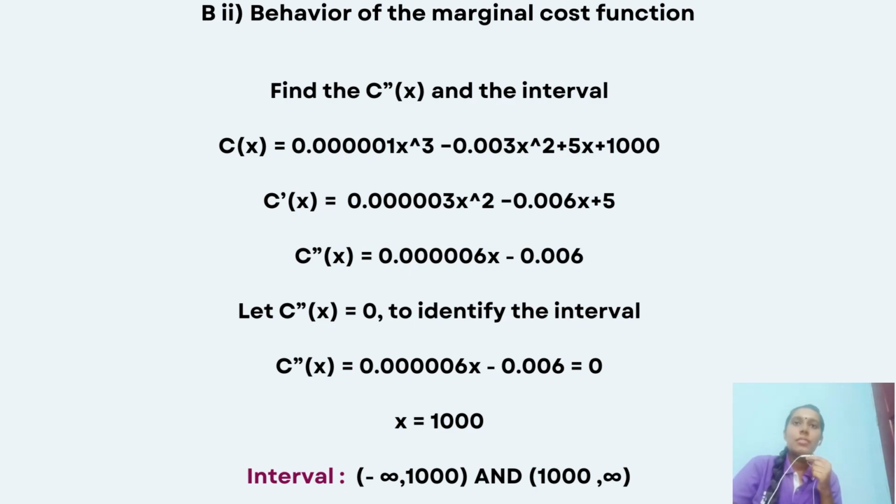After that, we let C''(x) equal 0 to identify the interval. When C''(x) equals 0, we get x = 1000. Therefore, our interval is (negative infinity, 1000) and (1000, infinity).